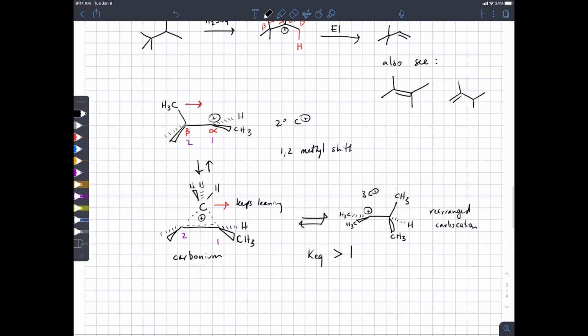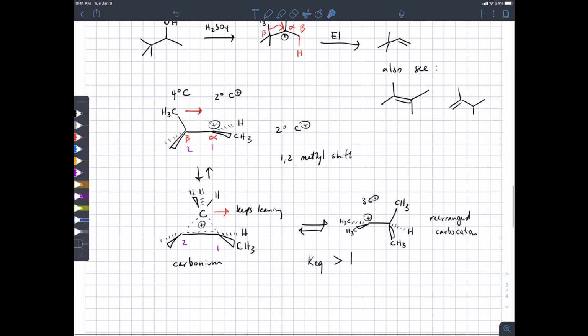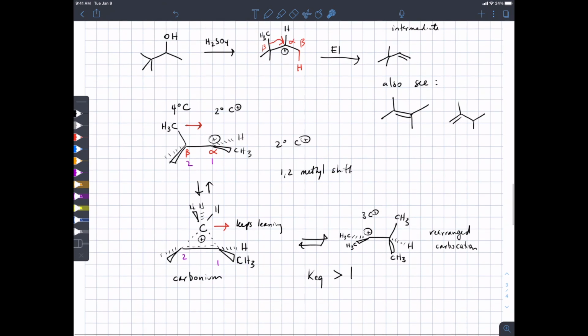So when you have a carbocation with groups on the adjacent beta carbons that, if they moved over, would leave behind a more stable carbocation, then rearrangement can occur. Here's one of those patterns: a secondary carbocation adjacent to a quaternary carbon. That is a carbon bonded to 4 other carbons. That's one of the cases where carbocation rearrangement can occur.